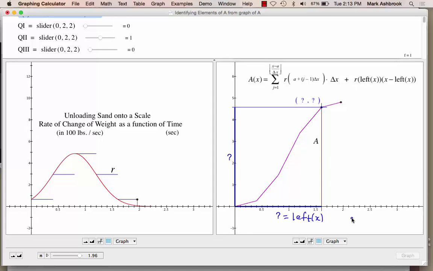Where is Quinn Marble? Yeah, right here. Tell me. So what about the y coordinate? Like in words or mathematically? Either. Well, it represents the accumulation of weight at left x. Okay. So how about relating it back up to the equation?